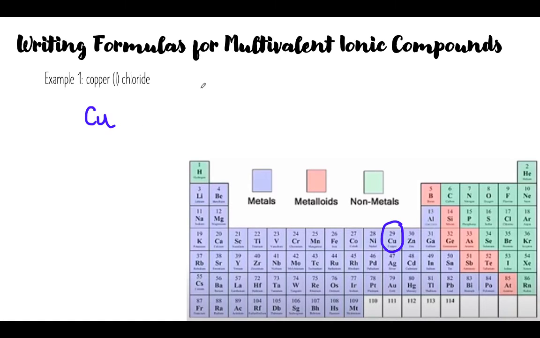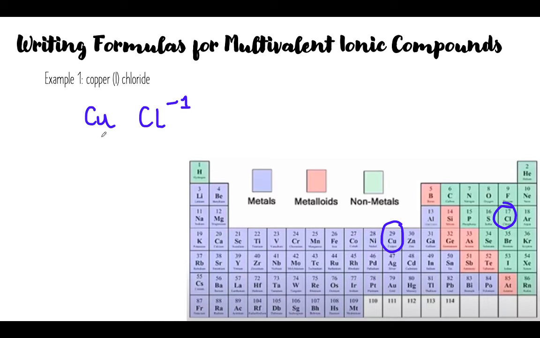Chlorine, it says chloride, but I know we're talking about chlorine, is in group 17, Cl. The charge of copper, we don't know, right? Because this is a transition metal, but I always know the charge of chlorine. Because it's in group 17, it always has a charge of -1.